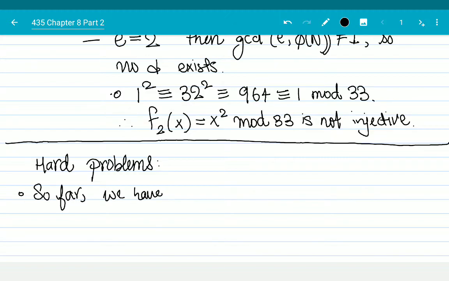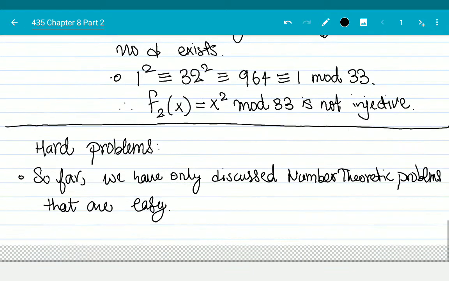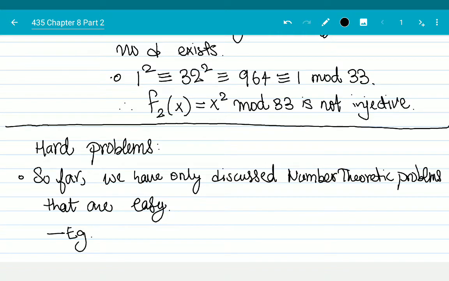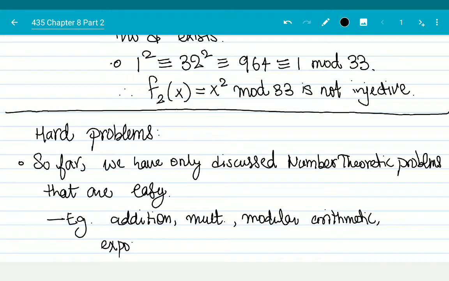Examples: addition, multiplication, modular arithmetic, even exponentiation, and finding GCD.